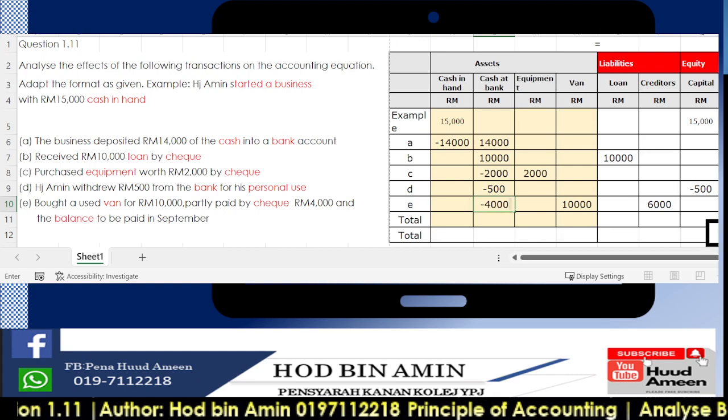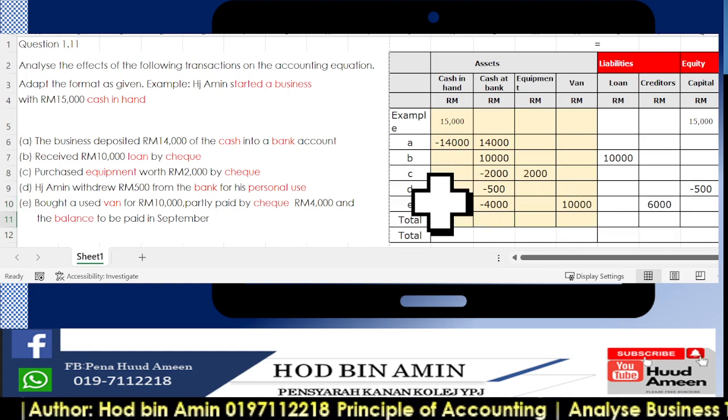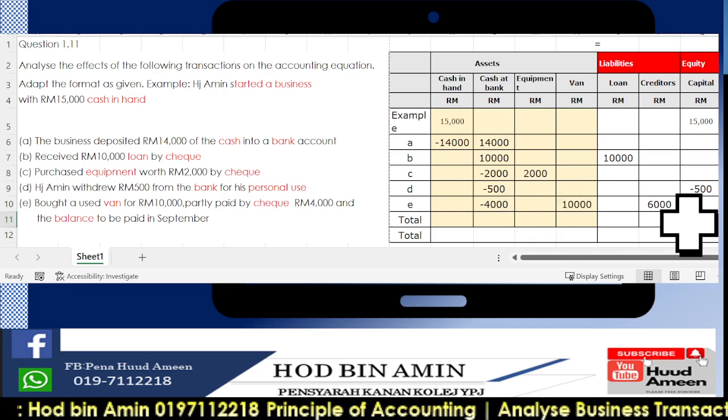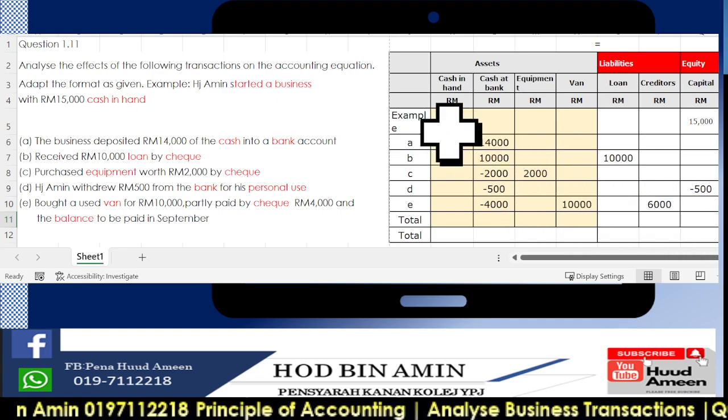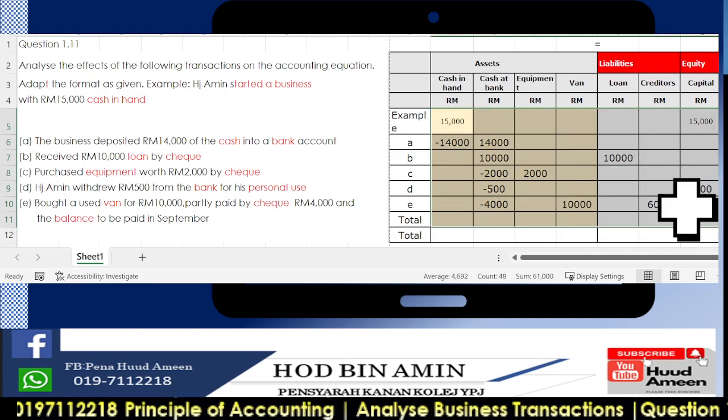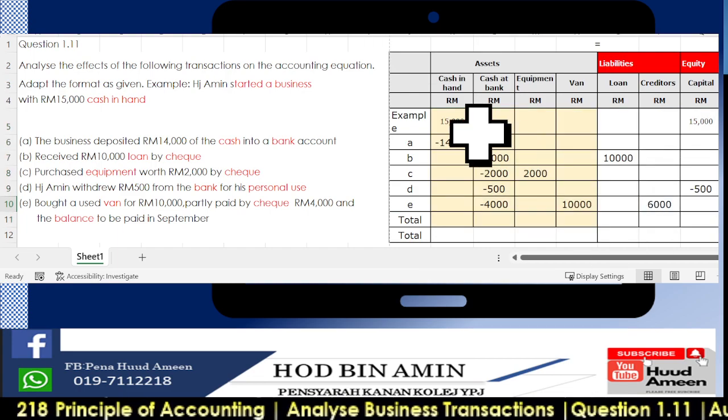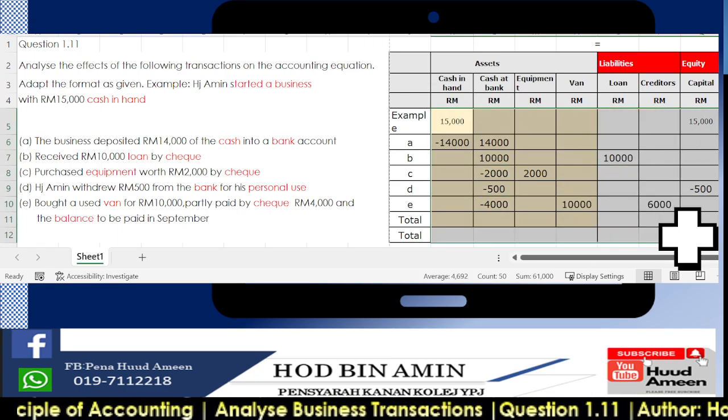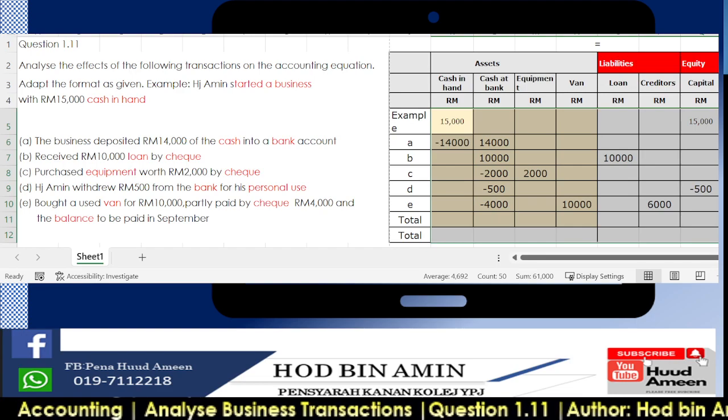So if you compare the left and right sides, there will be balance.